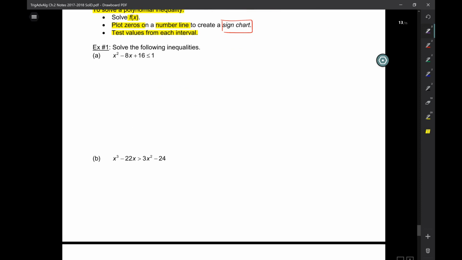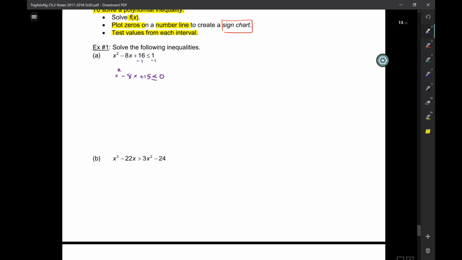Here, let's bring the 1 over so that this is less than or equal to 0. So I'm going to subtract 1 from both sides. So it's going to be x squared minus 8x plus 15 less than or equal to 0. Now I'm going to treat this just like an equation where it said equal to 0. So here I factor.